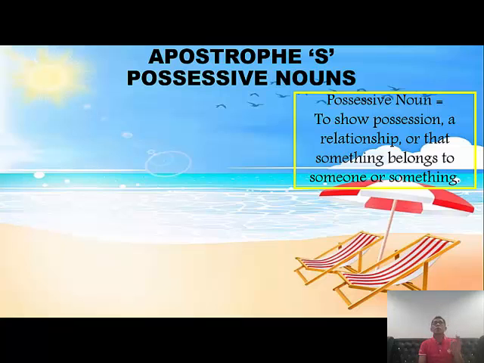It will make your essay, when you write with this type of possessive noun and add a little bit of possessive adjective, very, very good. The most important thing is you have to know how to really use them correctly.